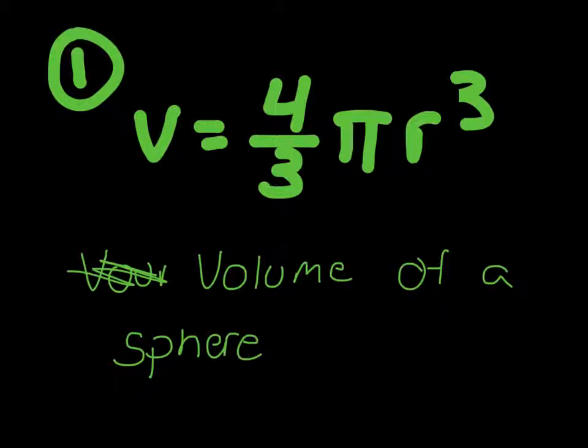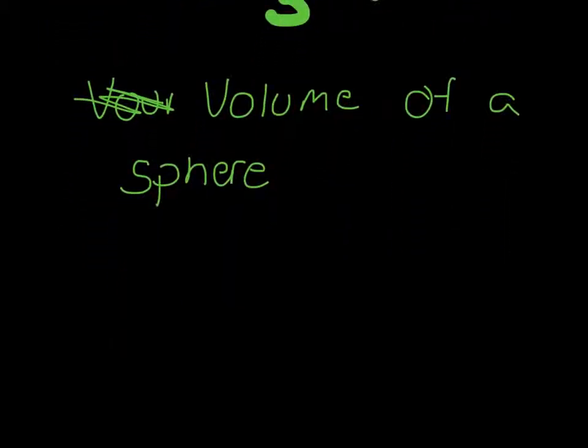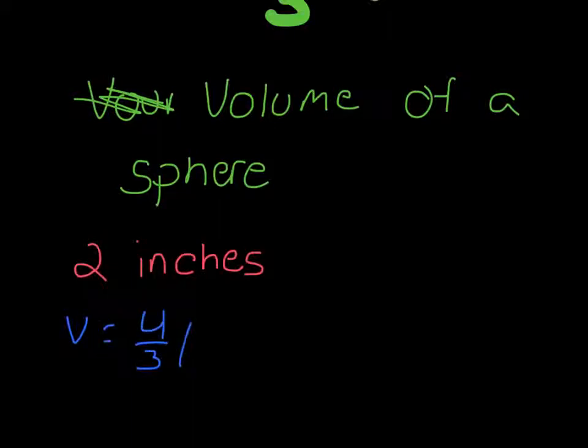So let's say we're given a radius of 2 inches, and we're told to find the volume of a sphere. So using this equation, we would do volume is equal to 4/3 times pi times 2 cubed.